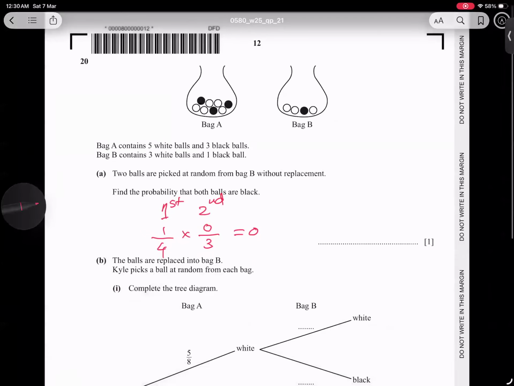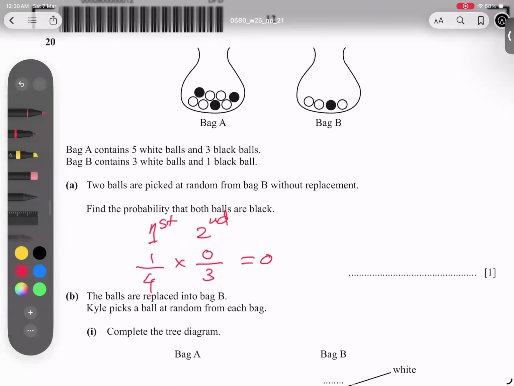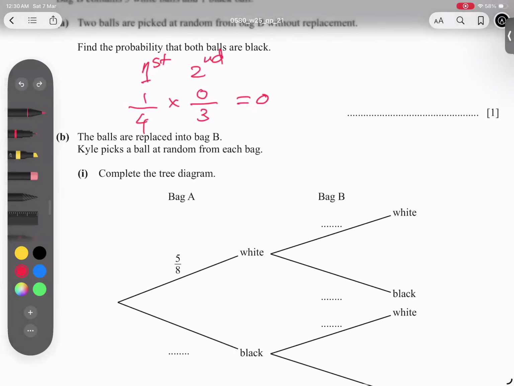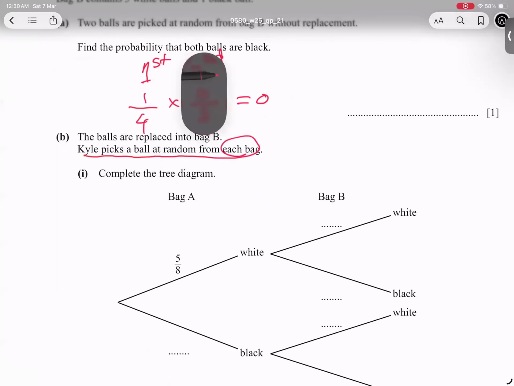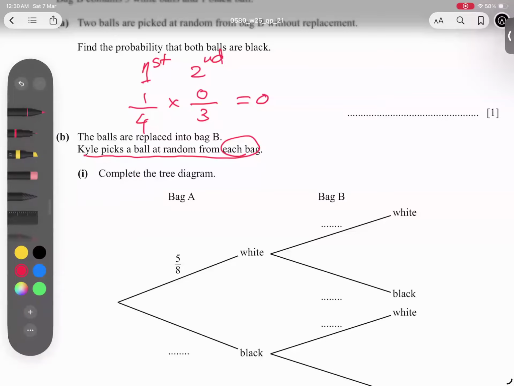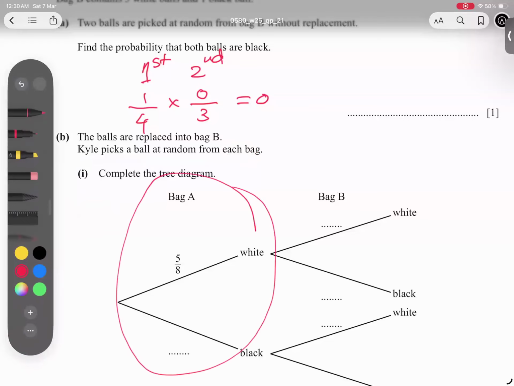So let's talk about the next part. In the next part he's saying the balls are replaced in B. It means you put the ball back inside and then start from the beginning. K picks a ball from each bag. Each bag means bag A and bag B. So get ready. He's saying K picks a ball at random from each bag. So this is bag A chances, and this is bag B chances.